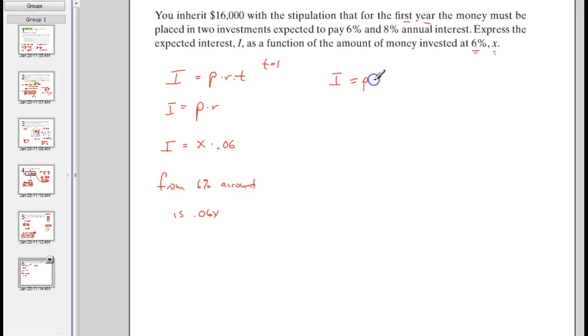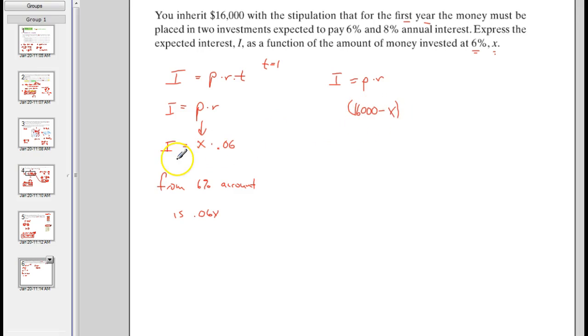Alright, now I do this exact same thing. Interest equals principal times rate, again since time is 1, for the 8% account. Now, if X is what I put in to this account, and I had 16,000, then I have 16,000 minus whatever I put in to this account left over. So for instance, if I put in 10,000 here, 16,000 minus 10,000 is 6,000 here.